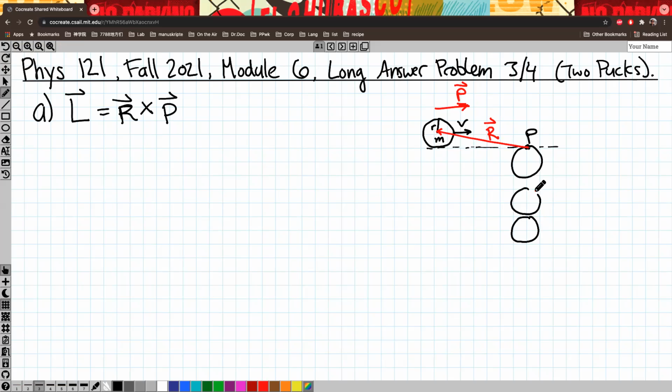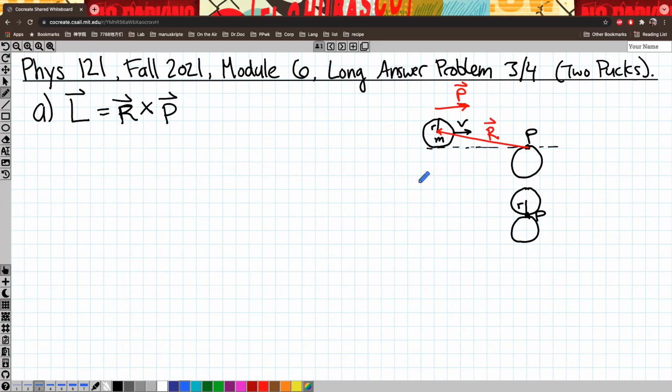So about point P, that's P. That's a radius of R. And the angular momentum would be, where would it be exactly? We still have linear momentum of P.